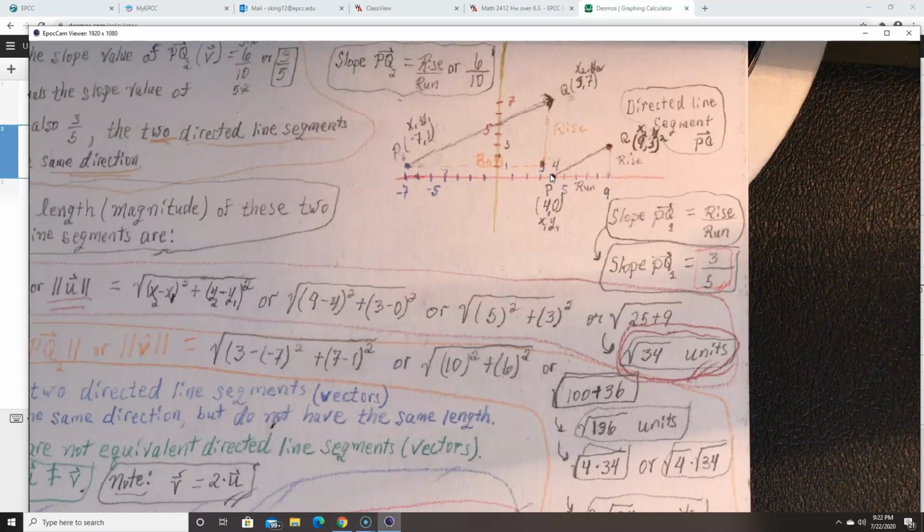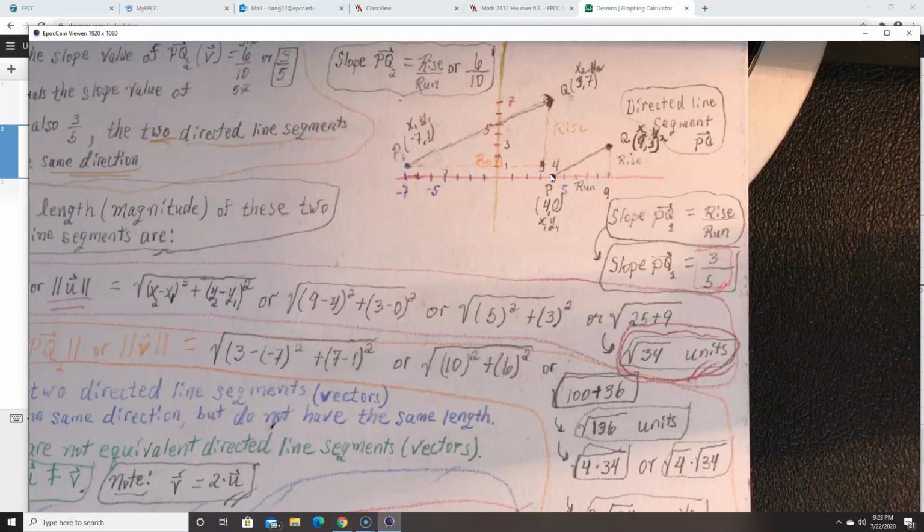Now they push on it with the same force in the same direction you did, except now the tent moved. So your initial point and terminal point is not the same as their initial point and terminal point. But since they have the same direction and the same magnitude or length, then we would be able to call them equivalent vectors or equivalent forces.